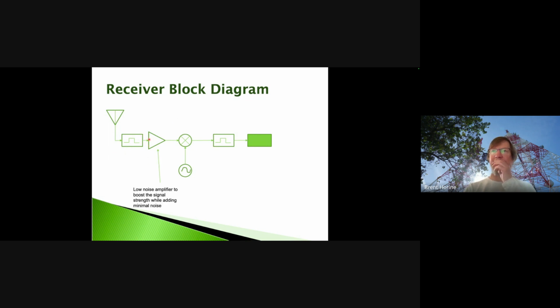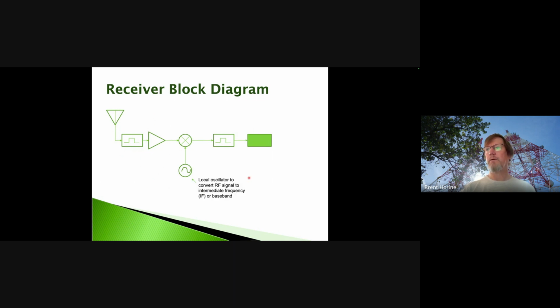Again, this is ideally a perfect amplifier, but in the real world, it's got a little bit of noise that it adds to the signal. That's why we strive to create a low noise amplifier, right? And so we add the minimal amount of noise while amplifying the signal, right? So then hopefully do that in as linear a fashion as possible, so we don't create these spurious signals.